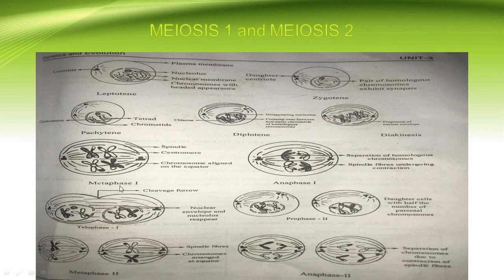Then we have metaphase. In the metaphase, we have seen the arrangement of the chromosomes at the center. What do we call the center? The equatorial plate of the cell. The chromosomes are attaching at the equatorial plate in the metaphase.